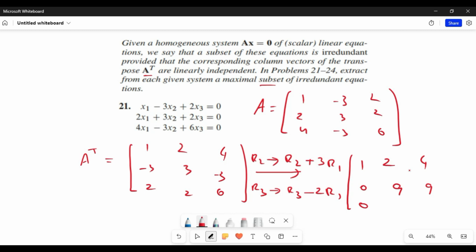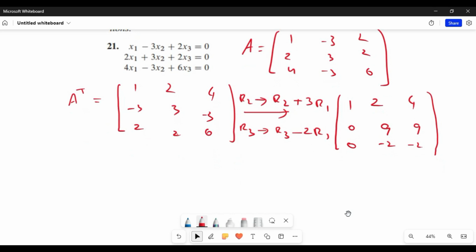For row 3 it will be 2 minus 4 will be minus 2. 6 minus 8 will be minus 2. You can find here some identical rows are there.